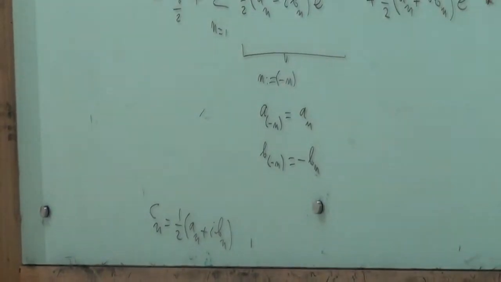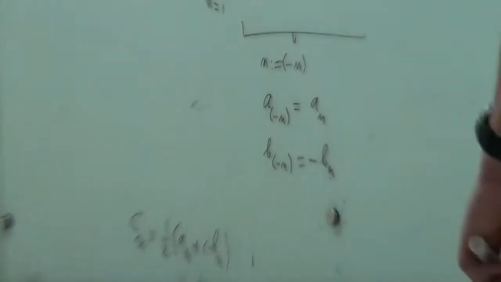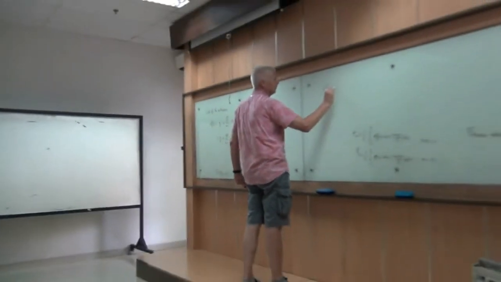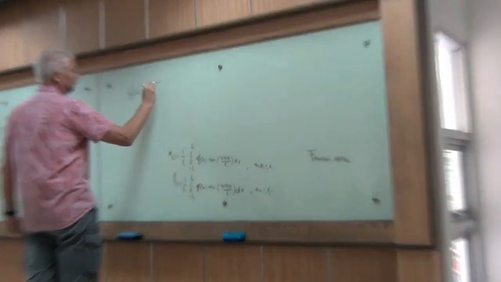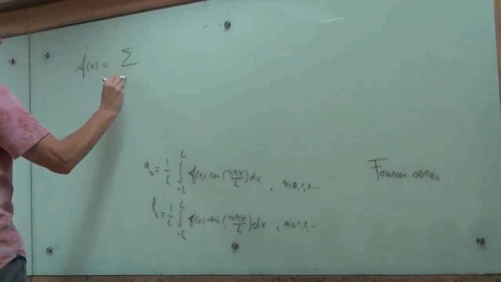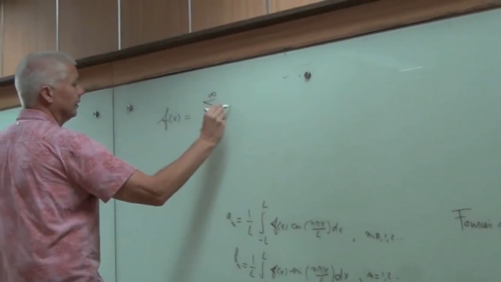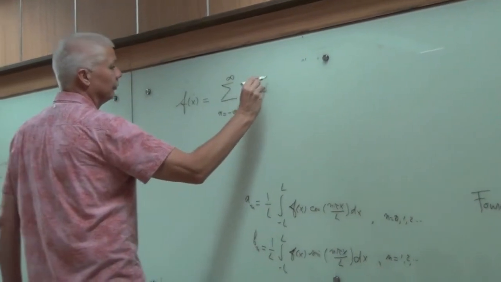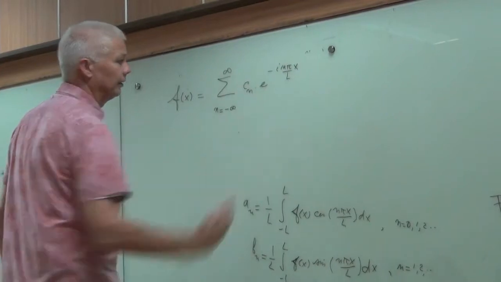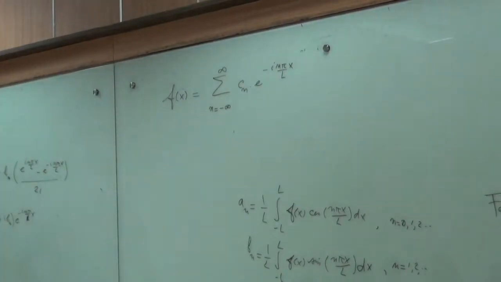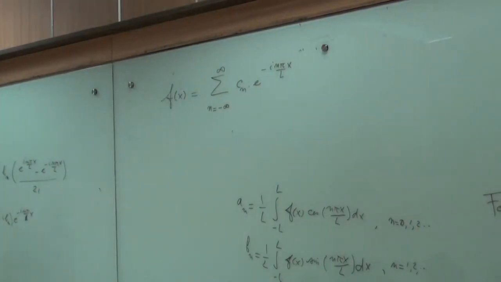What's then happening? Then my infinite series becomes the following. f(x) is equal to the sum from n is minus infinity to infinity Cn e to the power i n pi x over L. That's a very short notation.